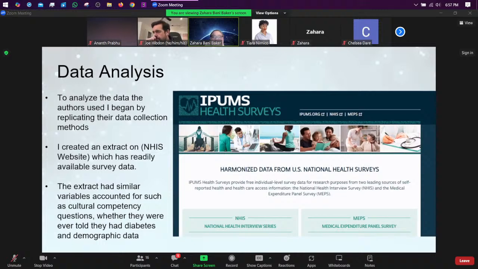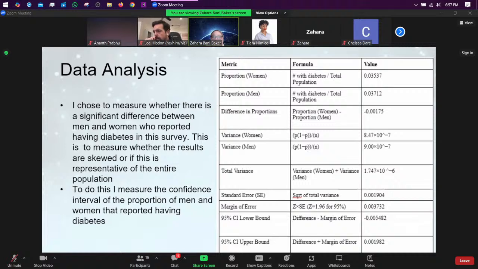The first difference is the difference between men and women who reported having diabetes. The confidence intervals that I calculated showed that there was no significant difference between men and women, meaning that the prevalence of diabetes between men and women was the same.